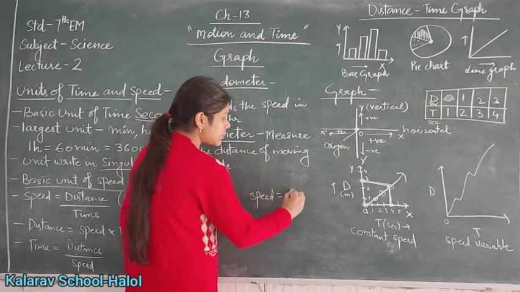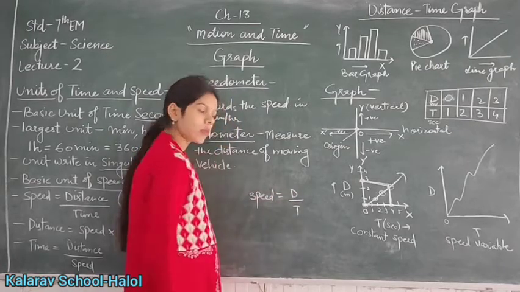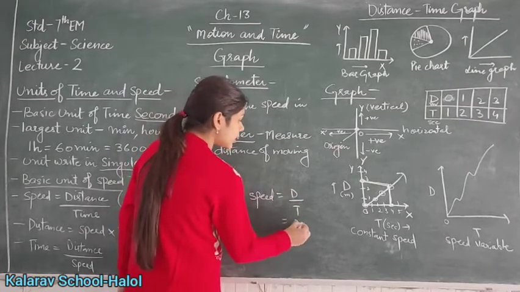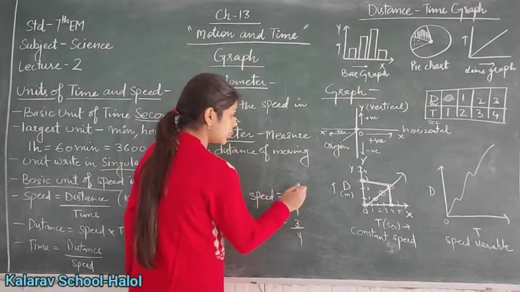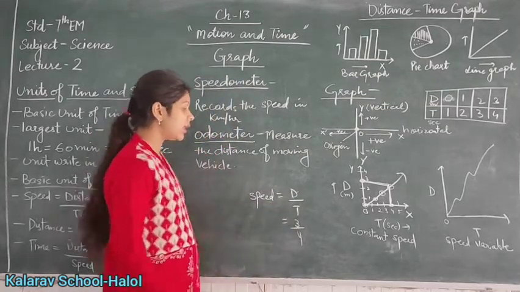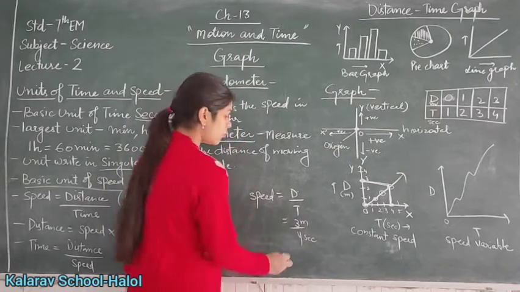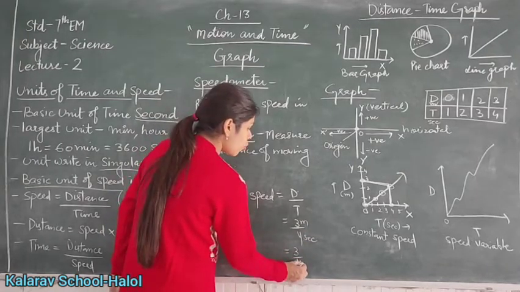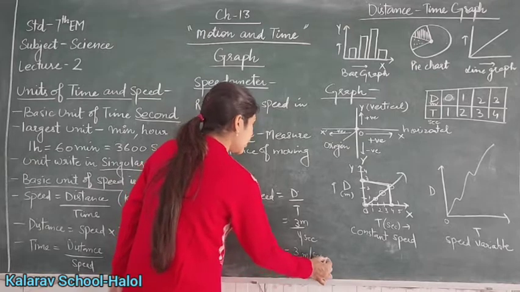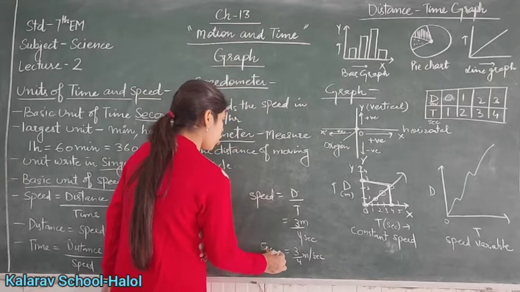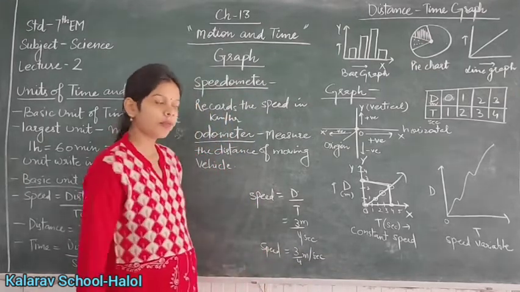The speed is distance upon time. The distance is 3 meters and the time is 4 seconds. So we can say 3 by 4 meter per second is the speed of the object.